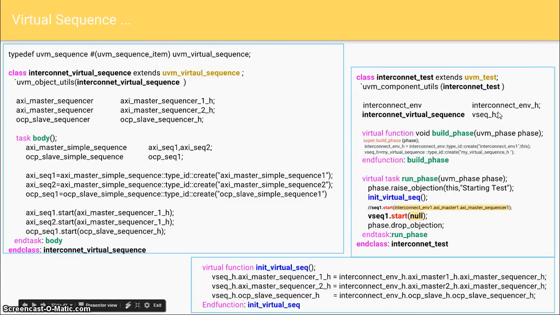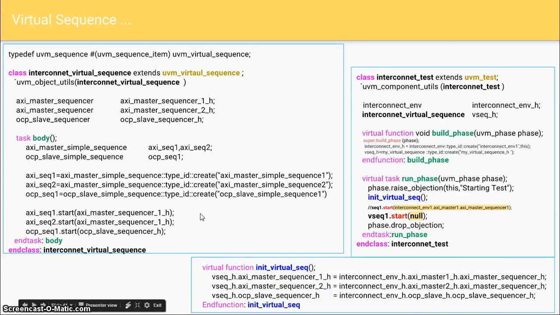Thus this test is the place where you should fill these handles of the virtual sequence with the actual handles of the sequencers. So you will be filling virtual sequence dot AXI master sequencer 1 handle equal to the interconnect env dot AXI master 1 agent handle dot AXI master sequencer handle, and in the same way you'll be filling the AXI master 2 sequencer handle and the OCP slave sequencer handle respectively.